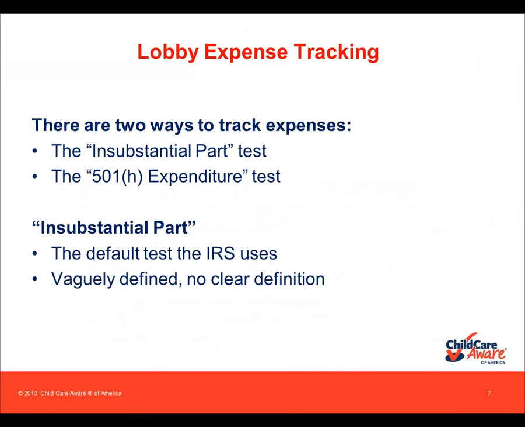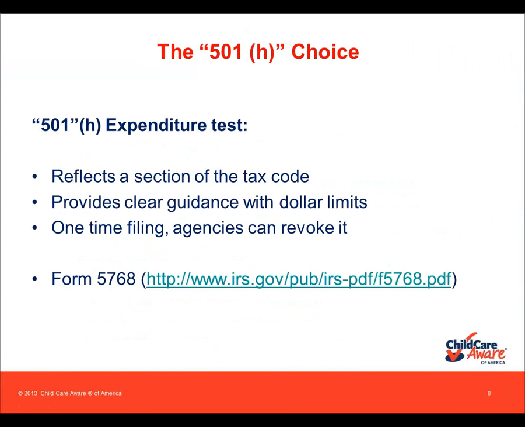But I just wanted you to know that that is another option as a test. It's kind of the default test the IRS uses, and there's not really a clear definition like the 501H, which we'll go over, but it's more of an IRS tool to track lobbying expenses.